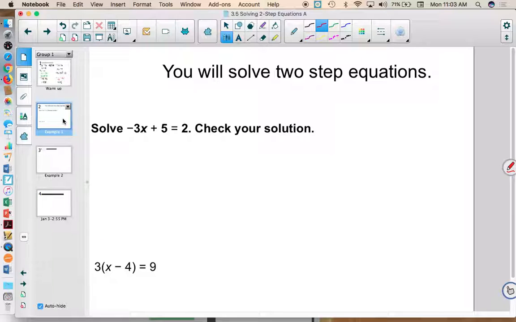Your goal this week or today is that you will solve two-step equations. It is easy if you do the first step correct.